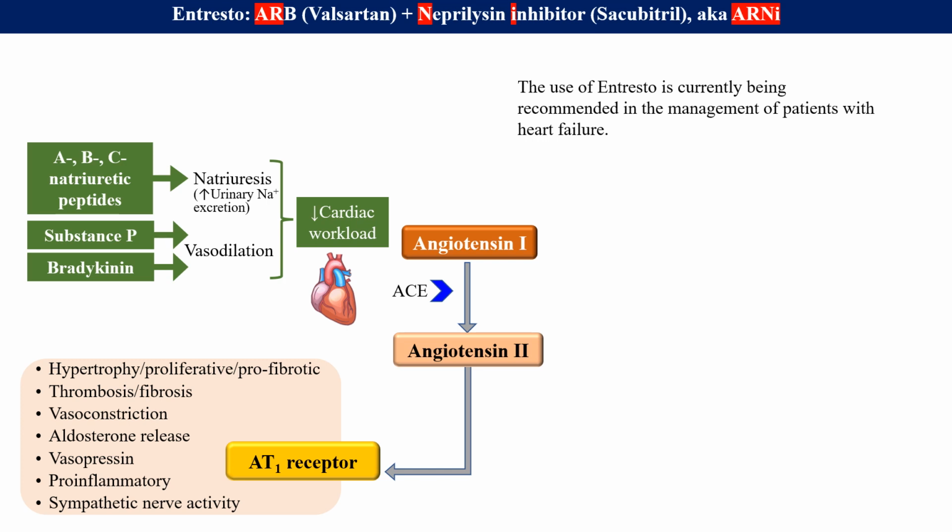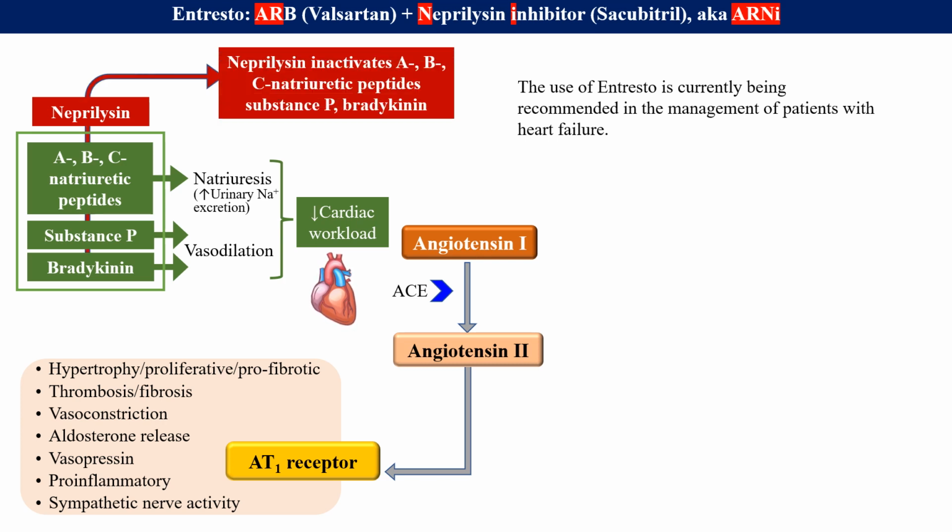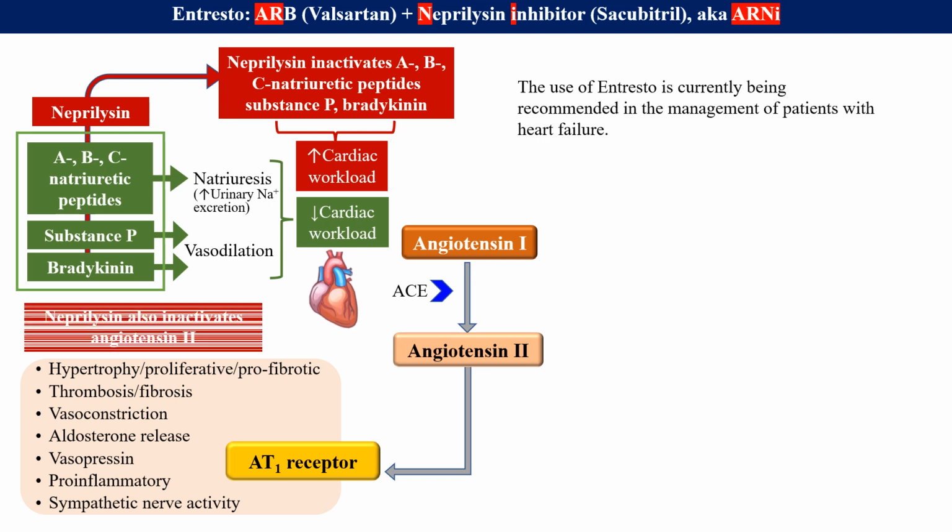These natriuretic peptides, substance P and bradykinin, however, can be inactivated by an enzyme called neprilysin. This would then lead to increased cardiac workload. Neprilysin, however, is not all that bad in the setting of heart failure because neprilysin also inactivates angiotensin II.